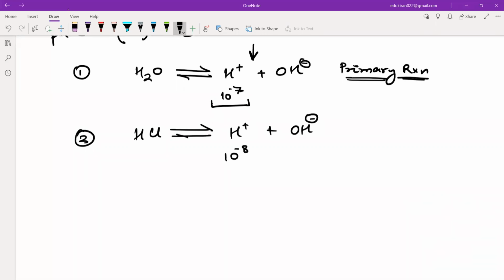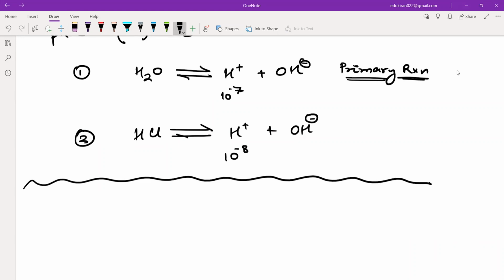Will the equilibrium shift backwards or forwards? It will shift backwards. Now we will be taking the primary reaction only.